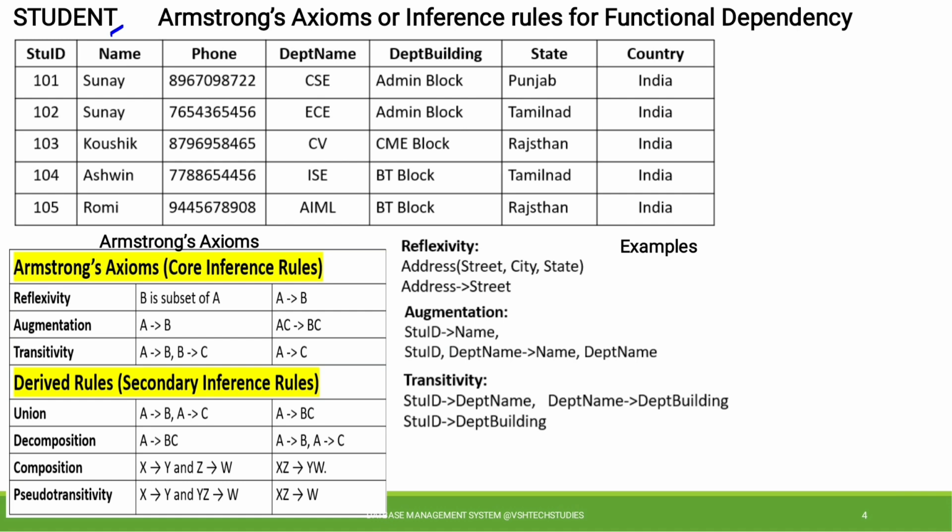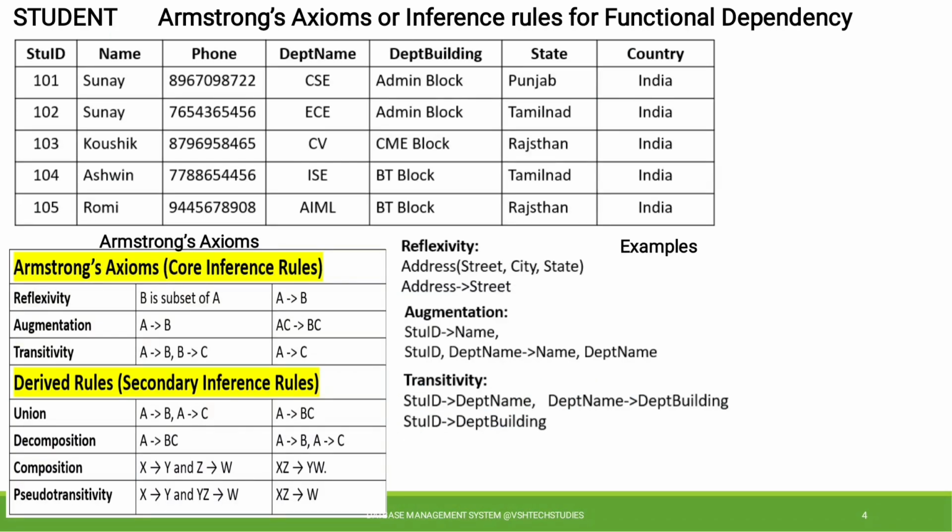Here one functional dependency is student ID determines department name. Another functional dependency is department name determines department building. From these two functional dependencies, according to the transitivity rule, we can write student ID determines department building. So from these two functional dependencies, this third functional dependency is obtained according to the transitivity inference rule.